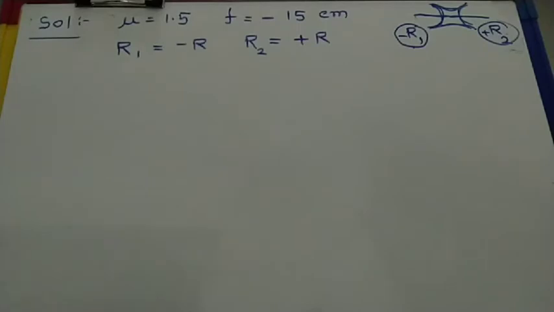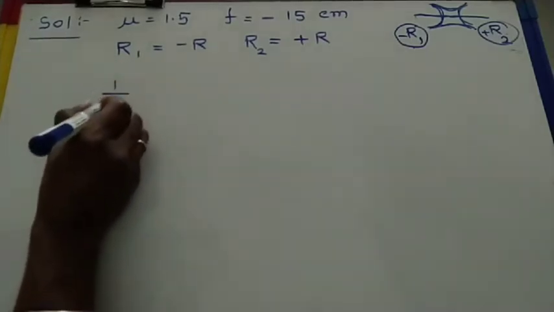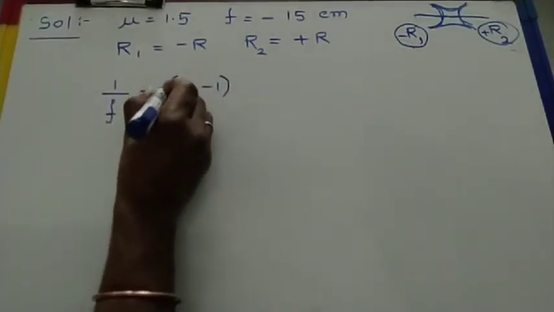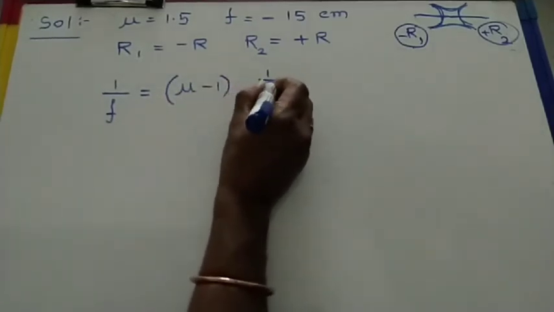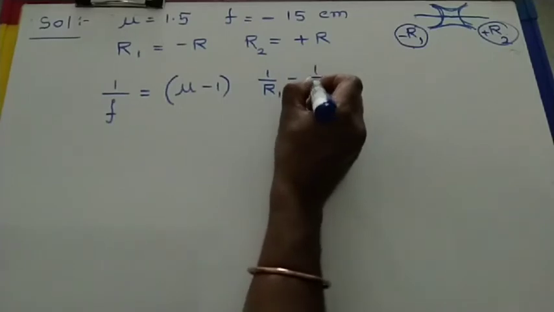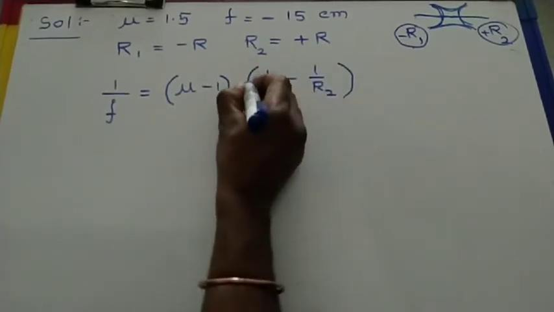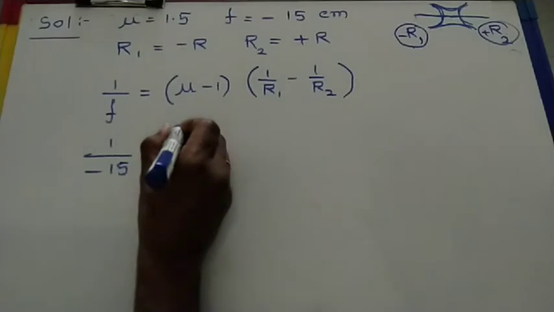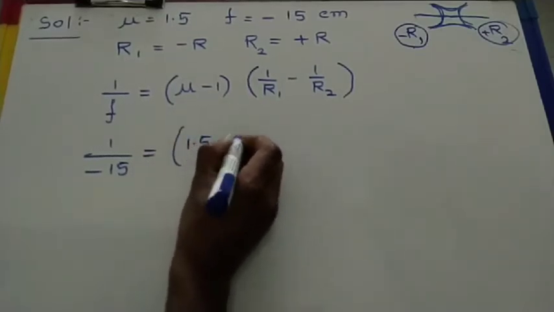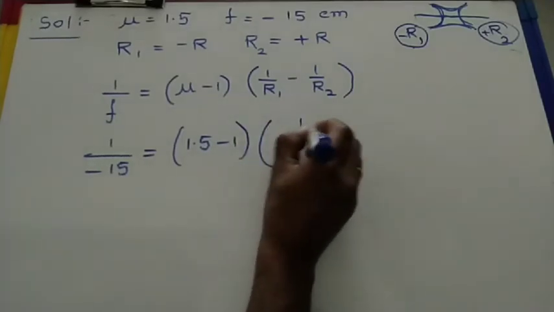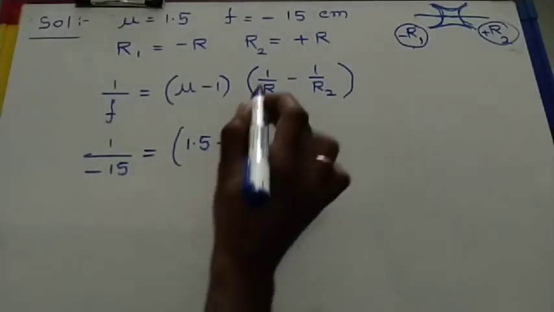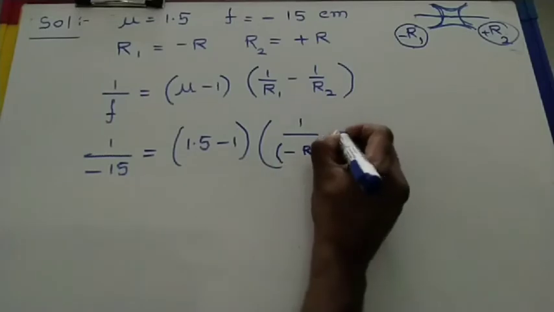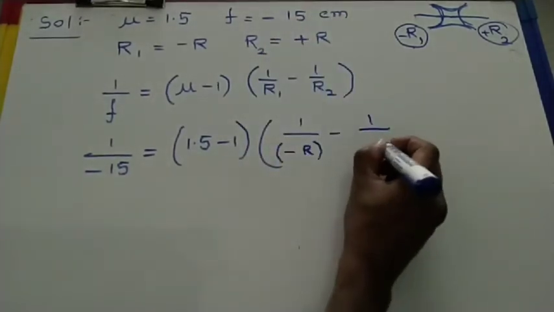Now the formula: 1 by f is equal to (mu minus 1) into (1 by R1 minus 1 by R2). 1 by minus 15 is equal to (1.5 minus 1) into (1 by minus R minus 1 by plus R).